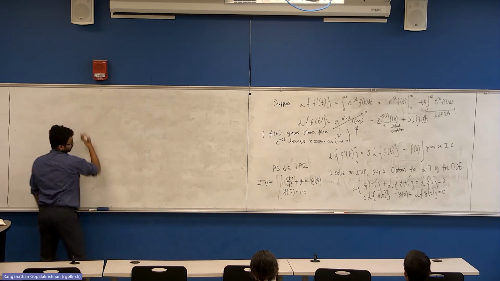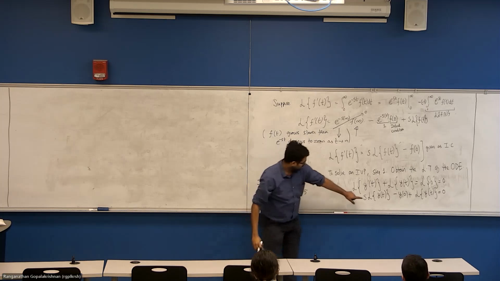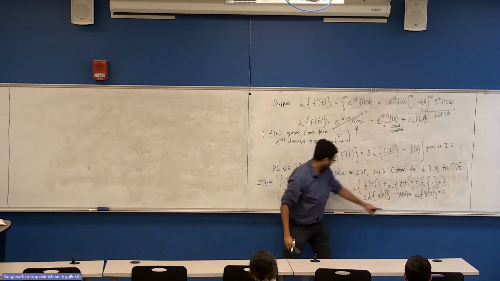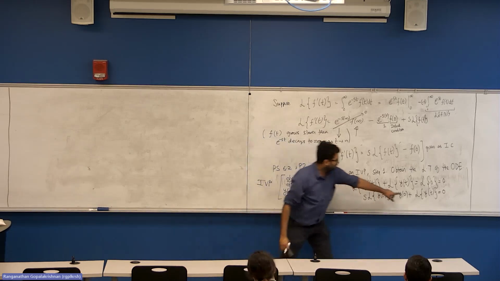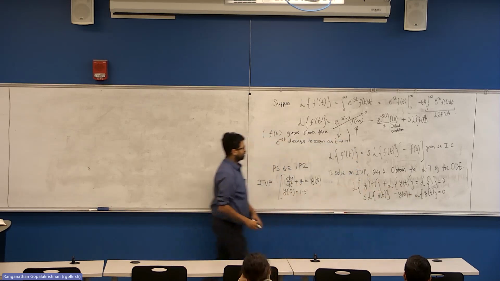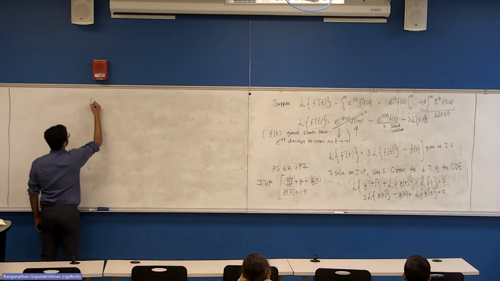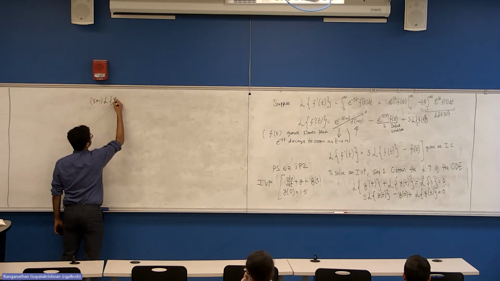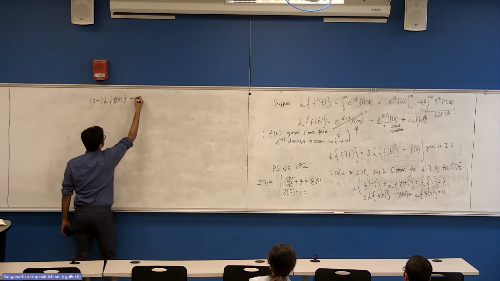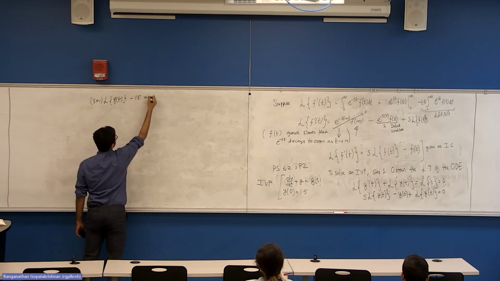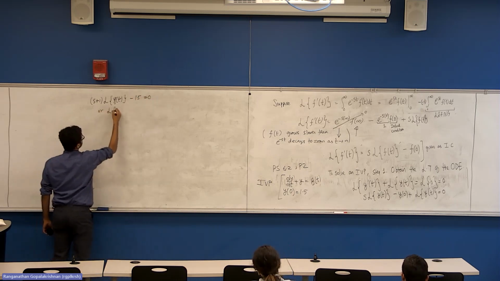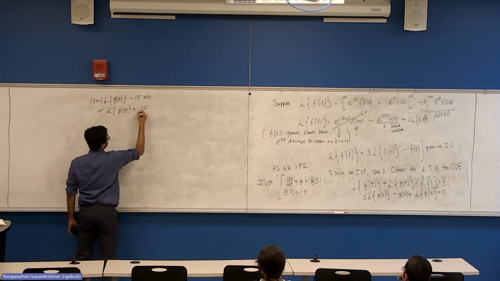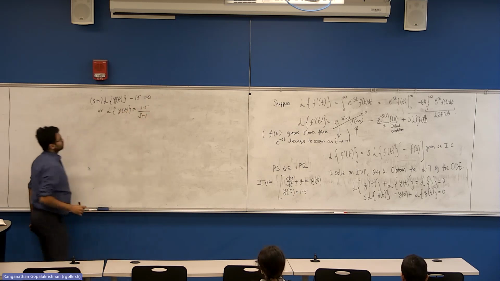So I have, what do we have here? S times L minus this number, which is just 1.5 plus L we have here. So this is nothing but s plus 1 times the Laplace transform of y of t minus 1.5 equal to 0, or the Laplace transform of y of t equal to 1.5 divided by s plus 1.